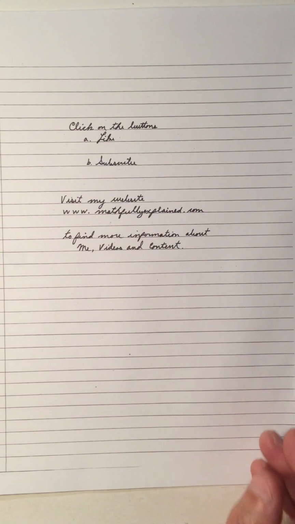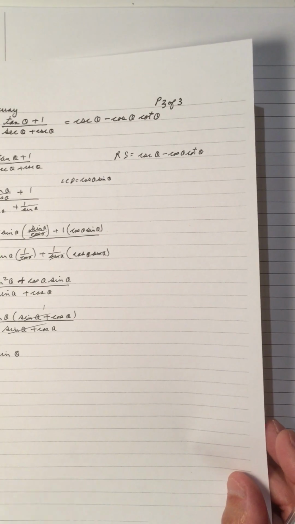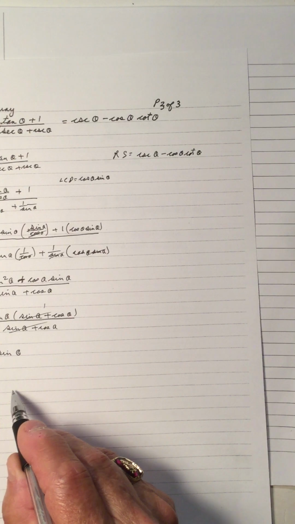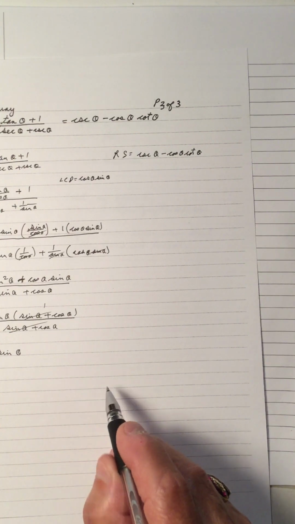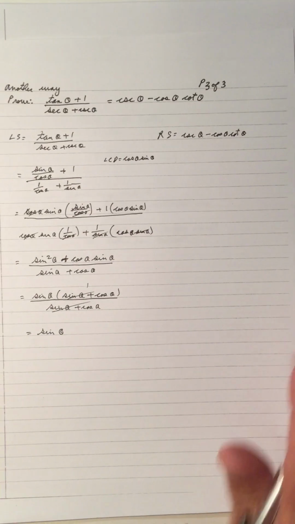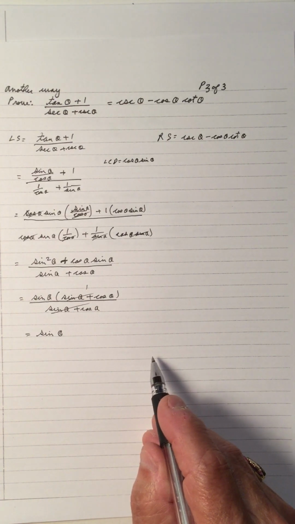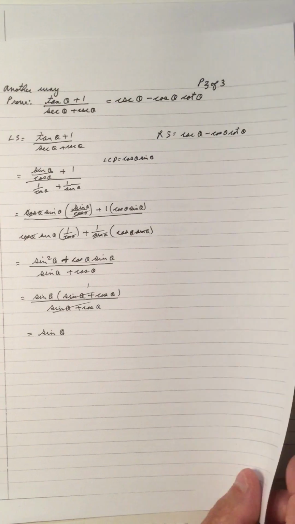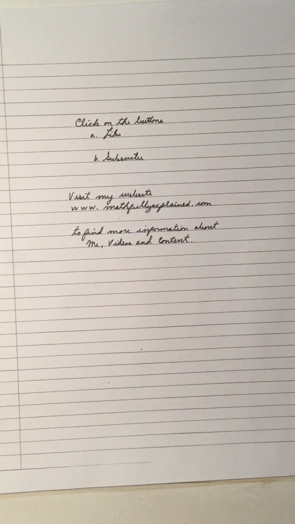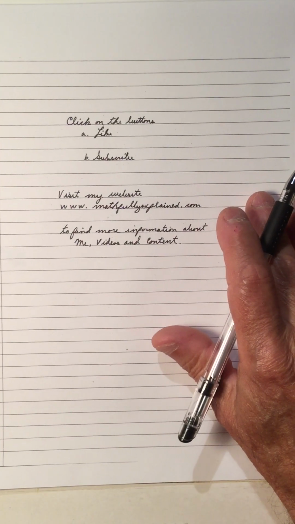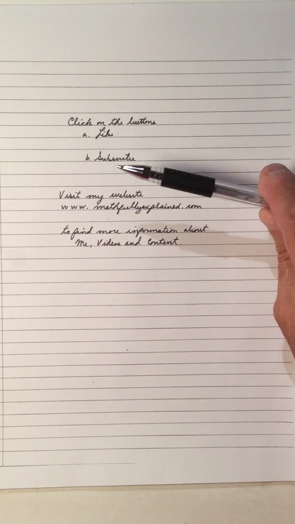And that brings us, here I would make the statement, since the left side equals the right side, better put that in the middle of the page. I would make a statement, since the left side equals the right side, it's an identity, which I already did on page 2 or 3. And that completes this video.